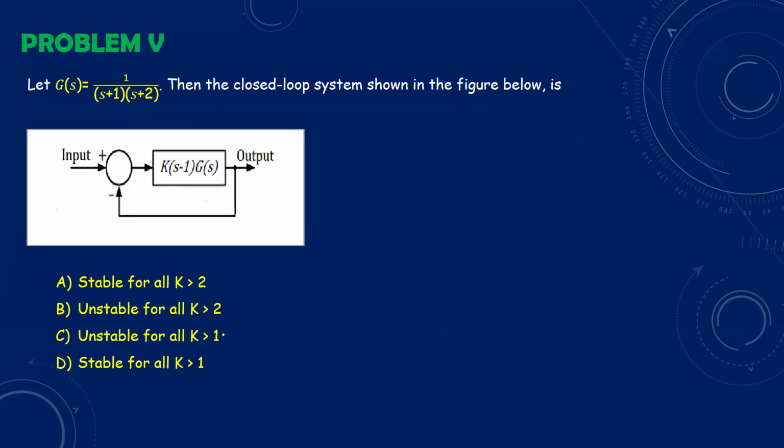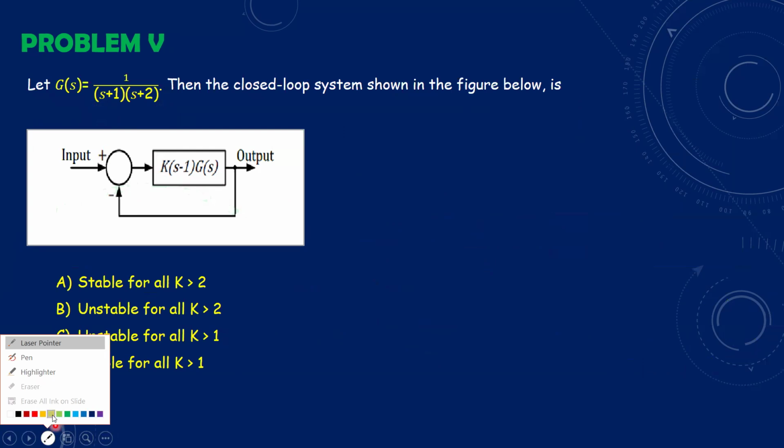The next problem is taken from the topic again Routh array only. And here transfer function is given, K into S minus 1, G of S. So G of S is given, 1 by S plus 1 into S plus 2. So we need to find the characteristic polynomial from this.